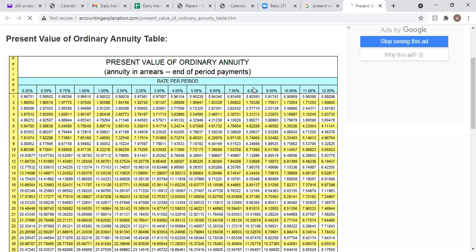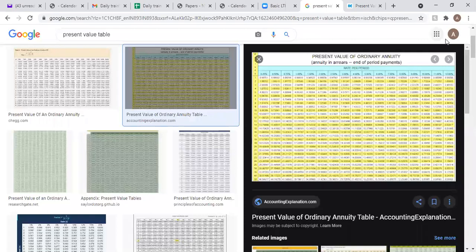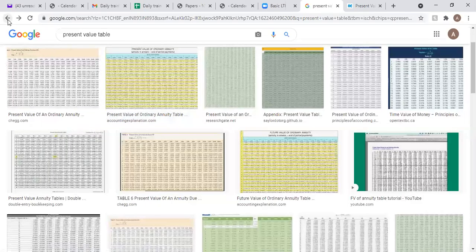What is the rate which is given to us here in this particular question? It is 8%. 8% 1 year is 0.91743, 1.75. No, this is annuity. Sorry. One second. I'll put the right table. Annuity.